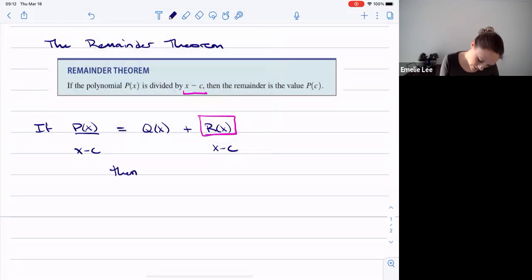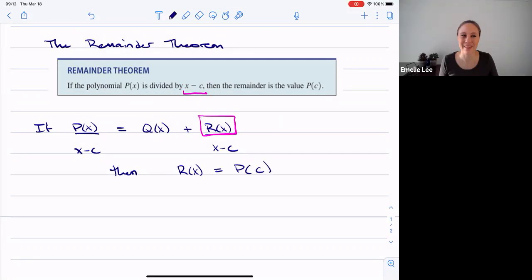Then r of x equals p of c, the polynomial evaluated at c, which is from here. Pretty weird, but that's the remainder theorem.